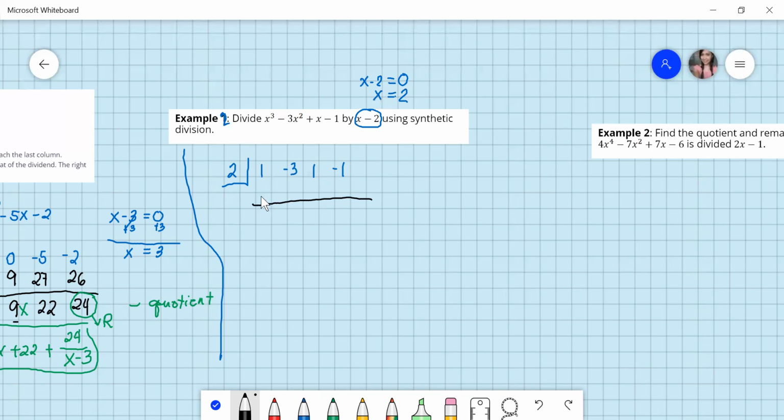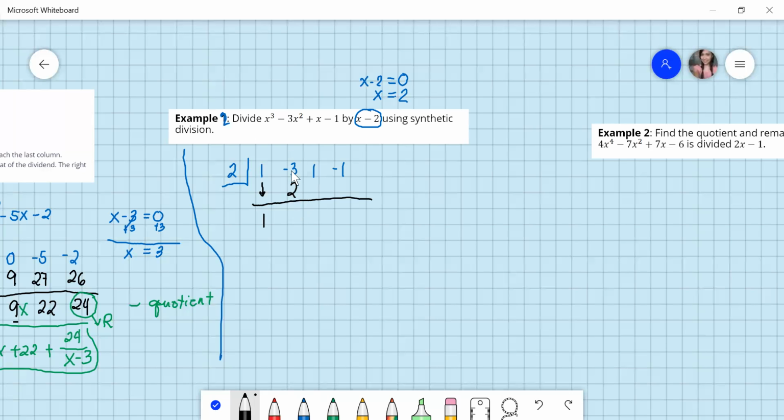The next step is to bring down the leading coefficient, which is 3. Then multiply 3 with our c, which is 2. 3 times 2 is 6. Put it down in the second row, lined up with the second column.